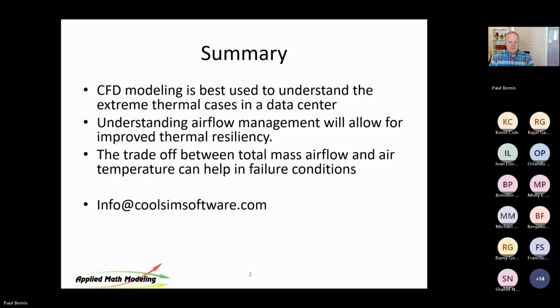We just had a couple of questions as well from Shahid asking about grid independent study through CoolSim, as well as asking about solar radiation. Solar radiation can have some effect because it raises surface temperature.